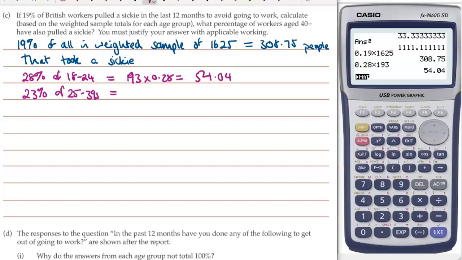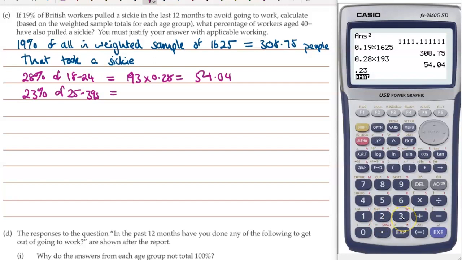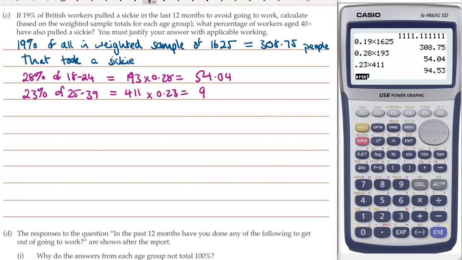Remember, we're working in weighted numbers here, so we don't need to round them to whole people as well. So 0.23 times the number of people we had in the 25 to 39 category, let's just look for that, is 411. So that's 94.53.